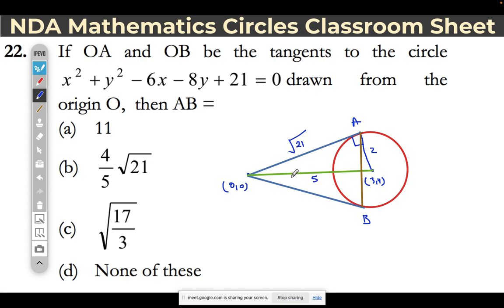Pythagoras theorem. Yes or no? Yes, sir. This is 90 degree. AX I will say. This center C. In a triangle CAO.